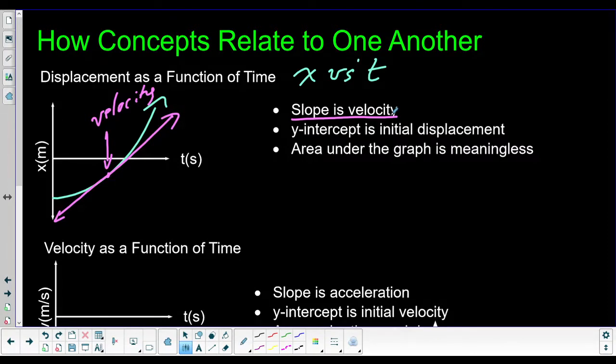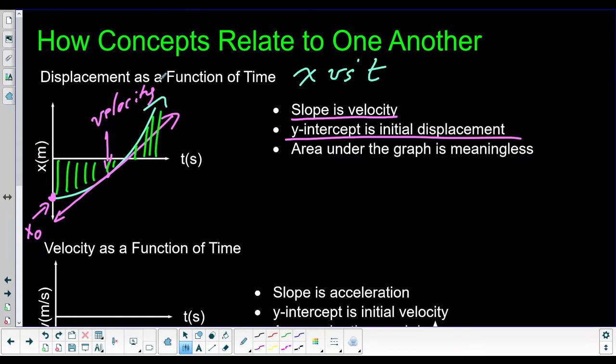Most important thing. The next important piece of information that an x versus t graph will tell us is this point right here, our y-intercept. This is our initial displacement. The other thing we can look at on a graph is the area between the graph and the x-axis, or the time axis in this case.